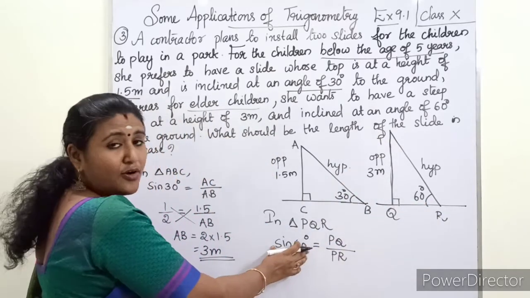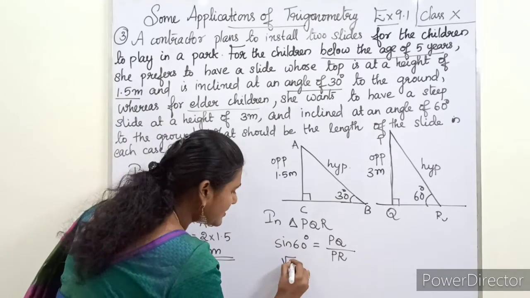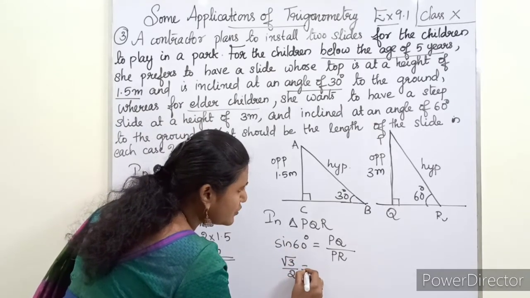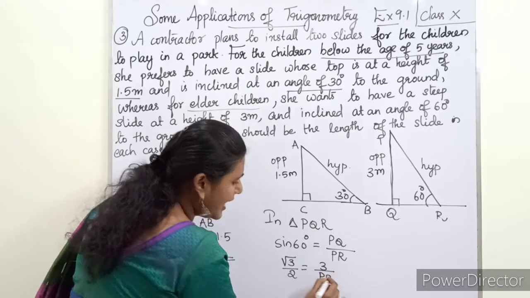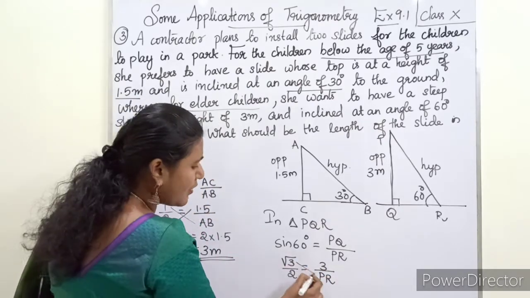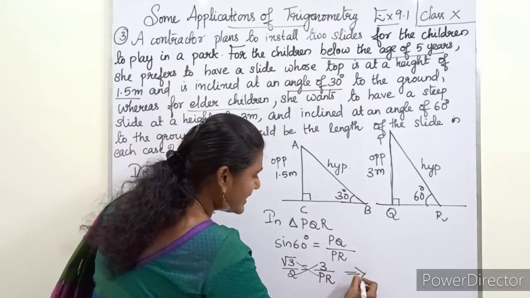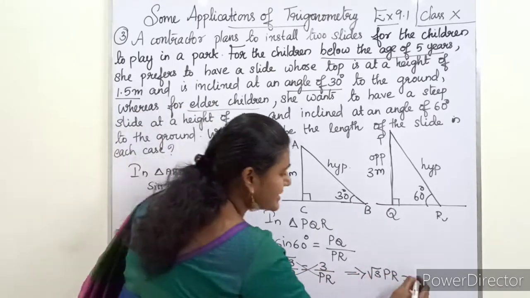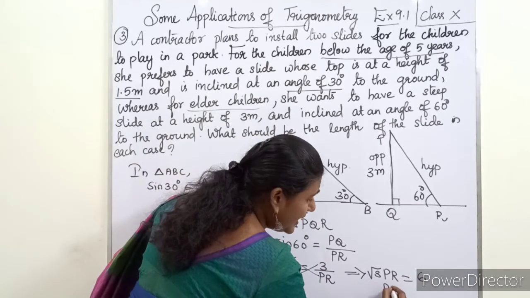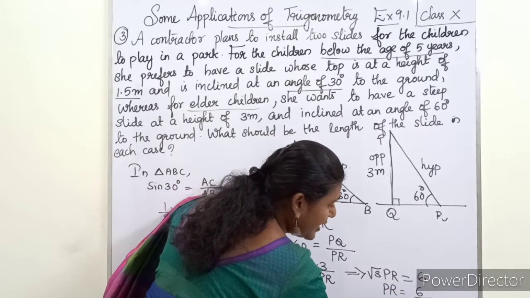What is the value of sine 60 degree? Root 3 by 2. So root 3 by 2 is equal to PQ, which is 3 meters, by PR, which we have to find. Now we will do cross multiplication here: root 3 PR is equal to 3 into 2, that is 6. So PR is equal to 6 by root 3.